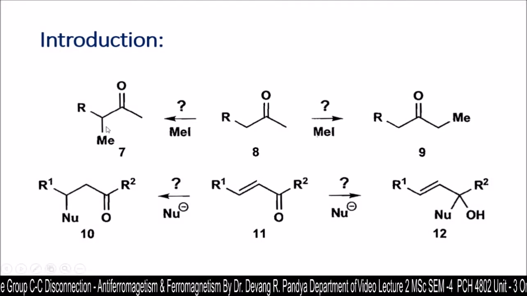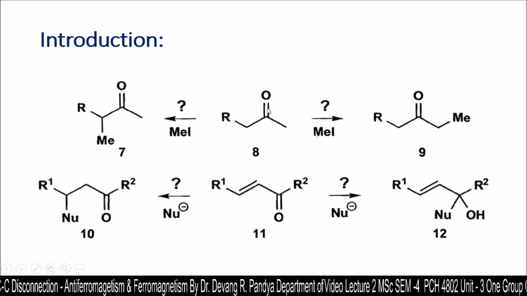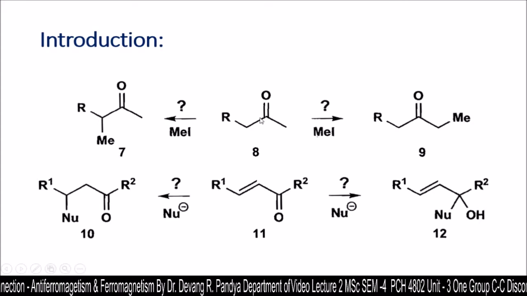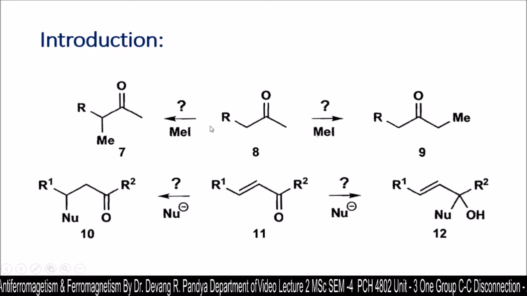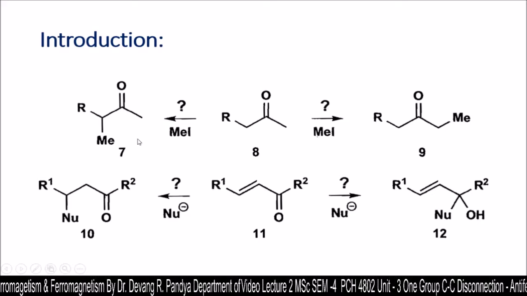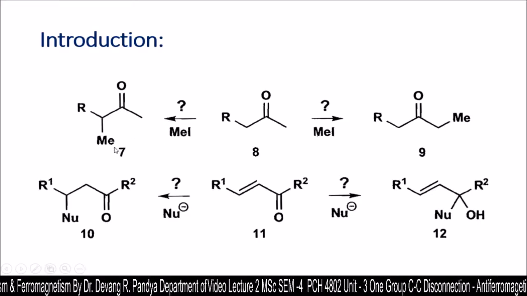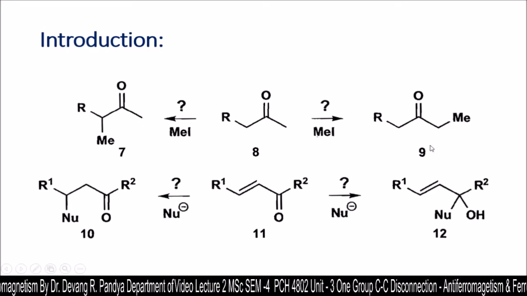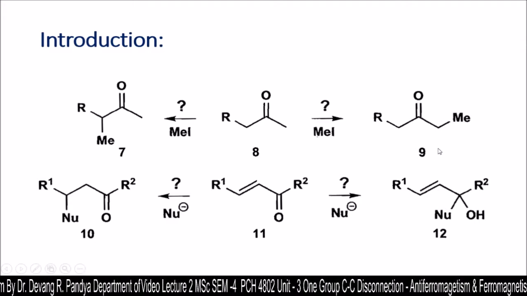Now to explain more about regioselectivity, we have this unsymmetrical ketonic group, carbonyl group, and we are going to treat it with methyl iodide. If the methyl group attaches on this side of the carbon, it gives structure 7, and if it attaches on the other side of this carbonyl group, then we get structure 9.